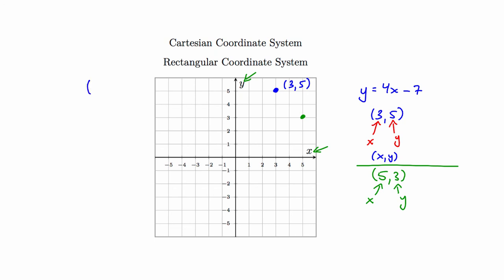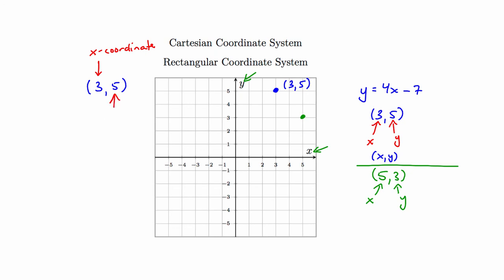Some other vocabulary we should become familiar with. When we refer to the point (3, 5), we will refer to the 3 as the x-coordinate, or the horizontal coordinate. We call it that because it's the number that relates to position with respect to the horizontal axis, or the x-axis.